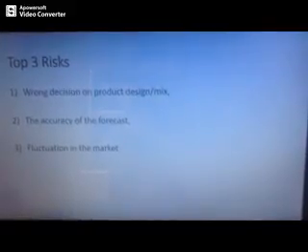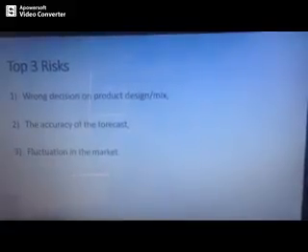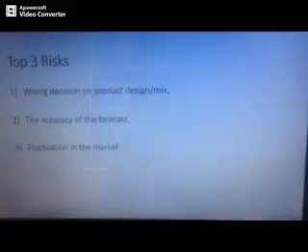For the risk of accuracy in forecasting, the deviations between actual demand and estimated demand would greatly affect the production cost and inventory cost.